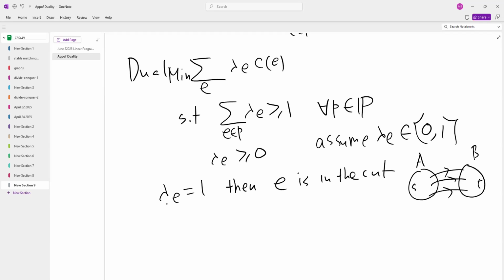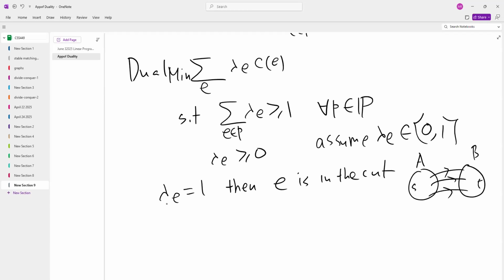What does this property tell us? For every path from S to T, this sum has to be greater than or equal to 1, and we know that the value for lambda can only be 0 or 1.